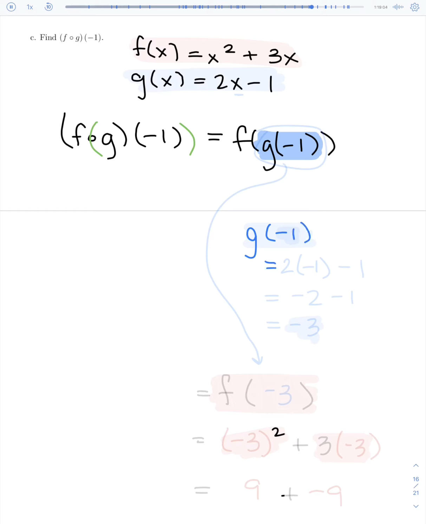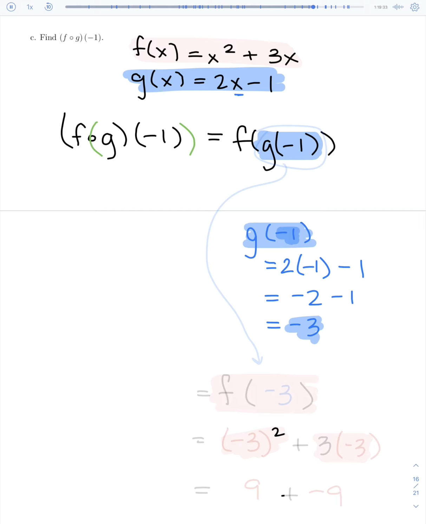So I can go off to the side and figure out what g of -1 is first. Well, g of -1 means to take our function g, which is 2x minus 1, and plug in a -1 wherever there's an x. So that'll be 2 times -1 minus 1. Well, 2 times -1 is -2, minus 1 is -3. So what this means is that g of -1 is -3.